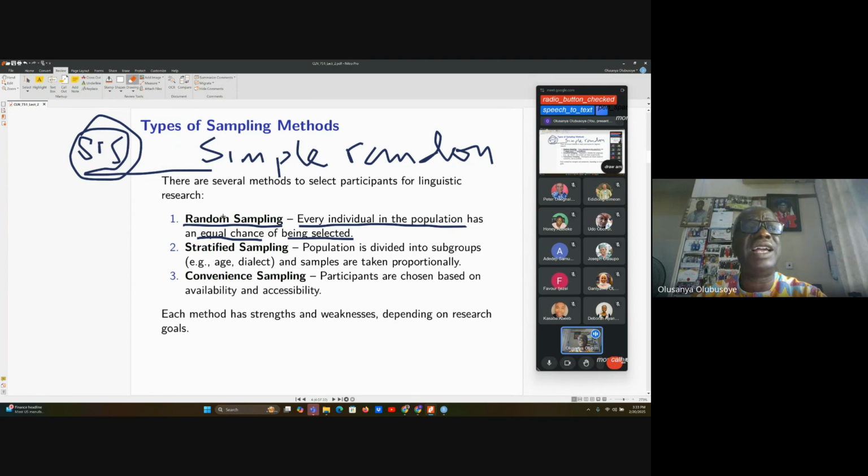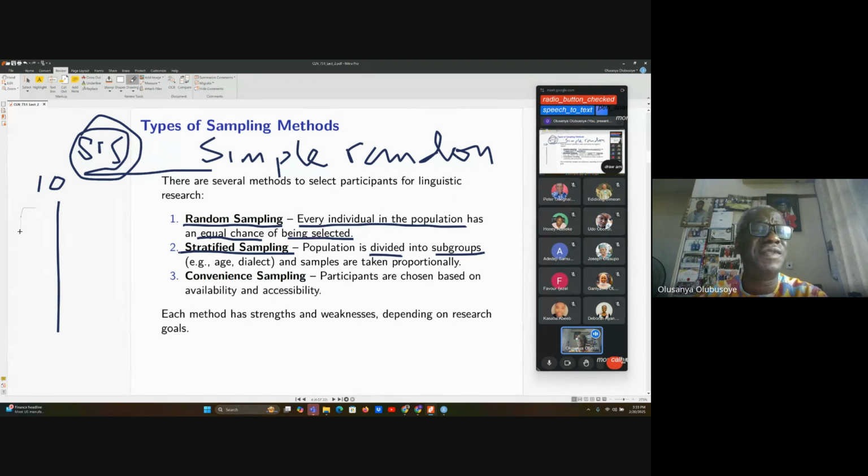Now, another type of sampling technique. I'm not going to ask you questions again. I will only expect you to ask questions if you don't understand anything. In stratified sampling, the population is divided into groups. For instance, in our class, let's say we are 10, and we have groups based on gender.